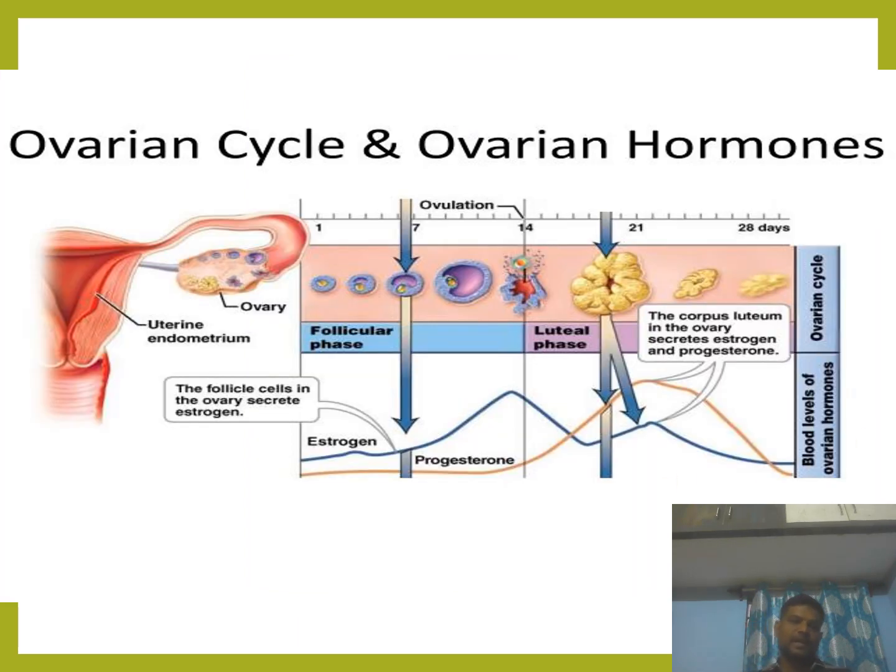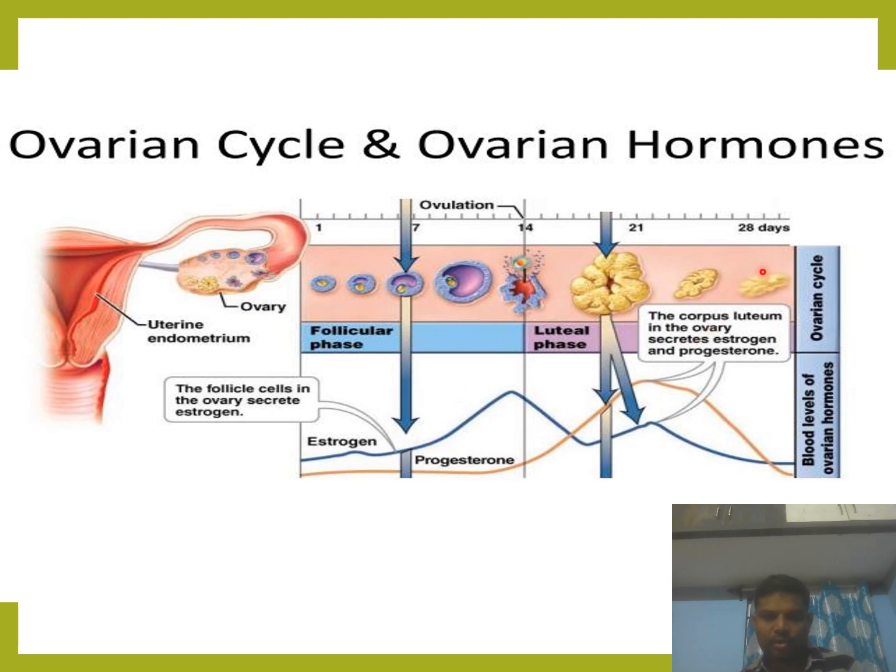In the ovarian cycle, the uterine endometrial layer as well as the ovary play an important role. The follicle cells in the ovary secrete estrogen. The estrogen concentration increases during the ovulation phase, and progesterone is released after ovulation.